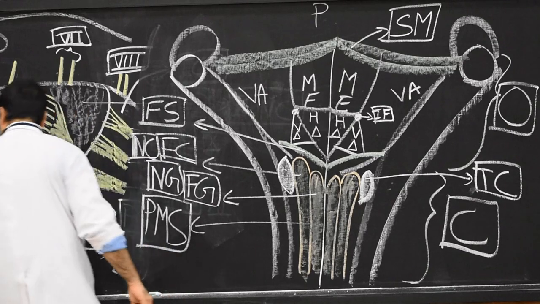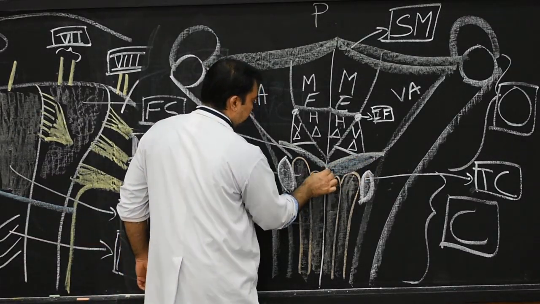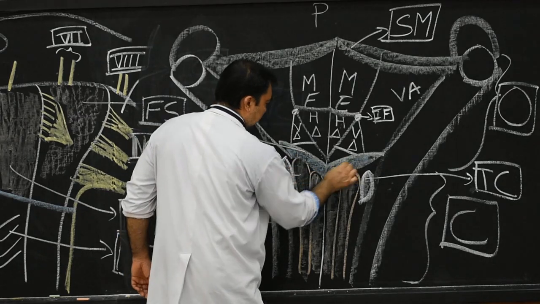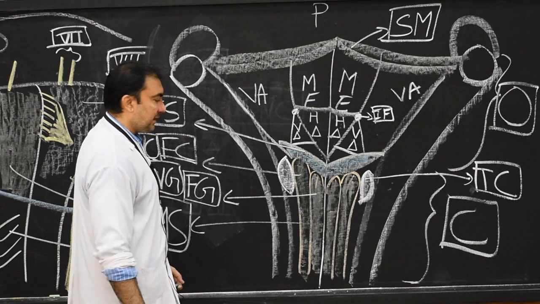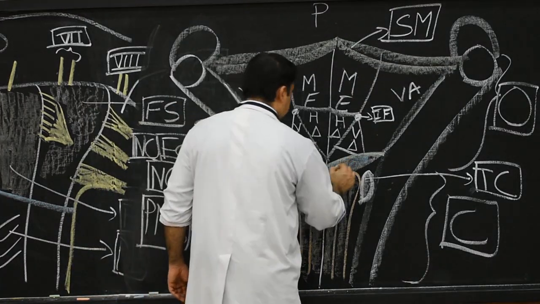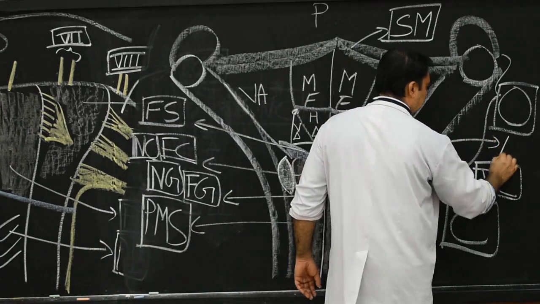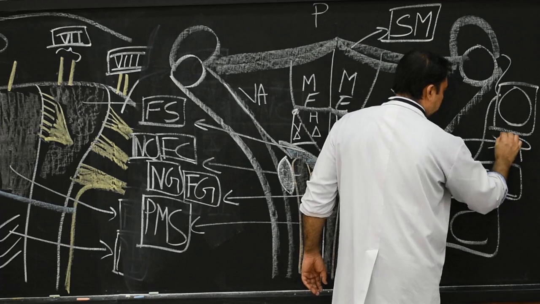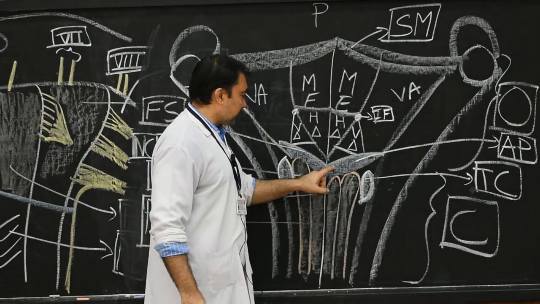So which is the area below the funiculus separatus? Here I'll give color to that area. The area present below the funiculus separatus will be known as area postrema, P-O-S-T-R-E-M-A. This area postrema is worth mentioning. Why is it important?